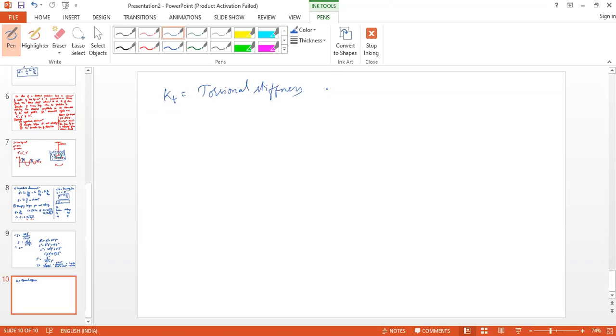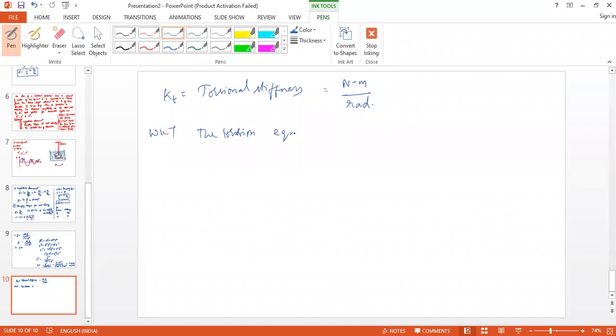Torsional stiffness is nothing but the torque required for unit rotation. Newton meter is the torque, per degree or radian.